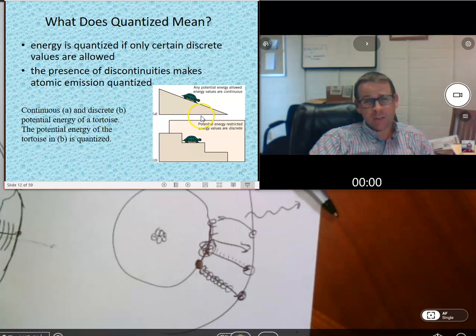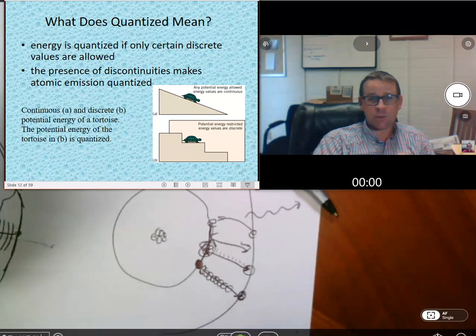So electrons are not continuous in terms of their distance from the nucleus, and distance from the nucleus also corresponds to energy, the energy that the electron has. The closer the electron is to the nucleus, the lower its energy level is, because it's receiving more of that positive charge interaction, and so it's stabilized.